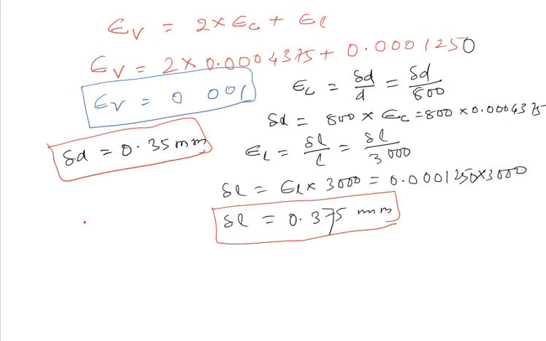Now we have to calculate the change in volume. We know that epsilon V, volumetric strain, is equal to delta V by V, and delta V is equal to epsilon V into V, correct?